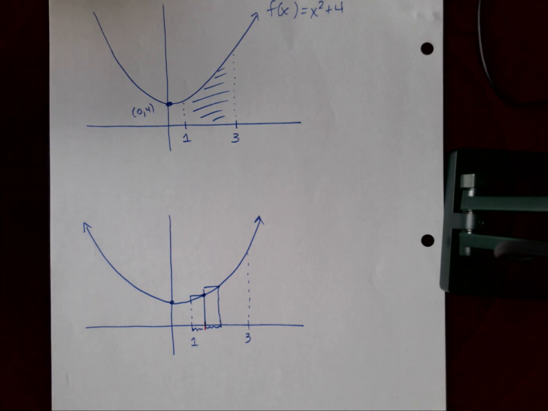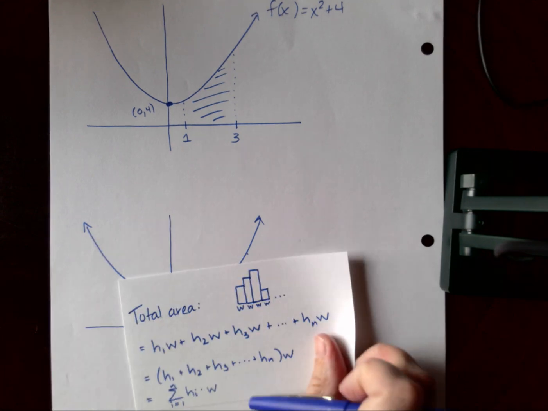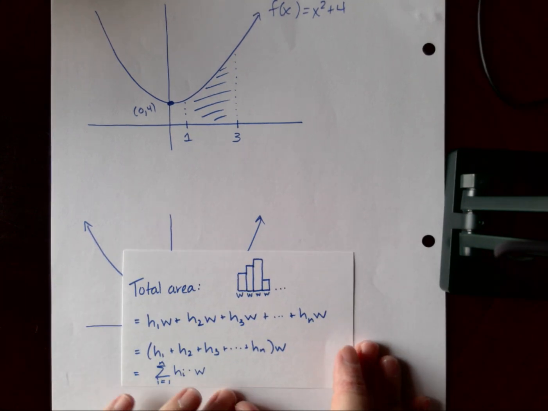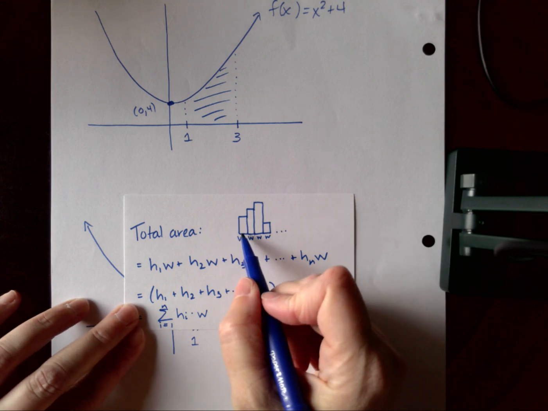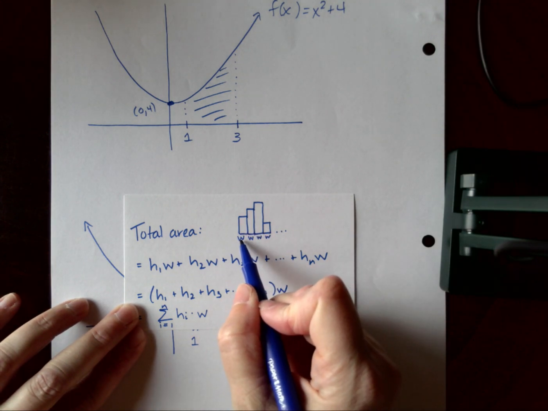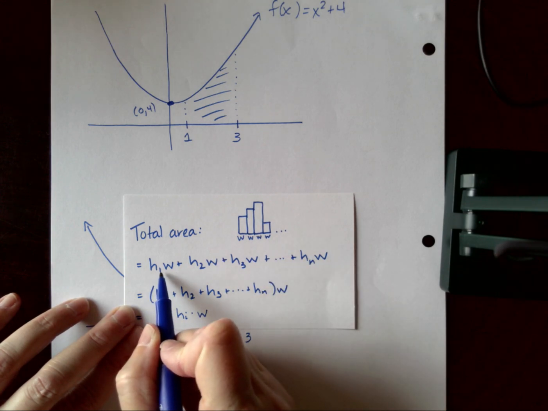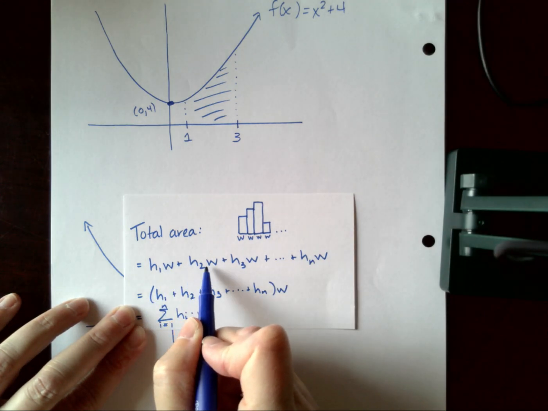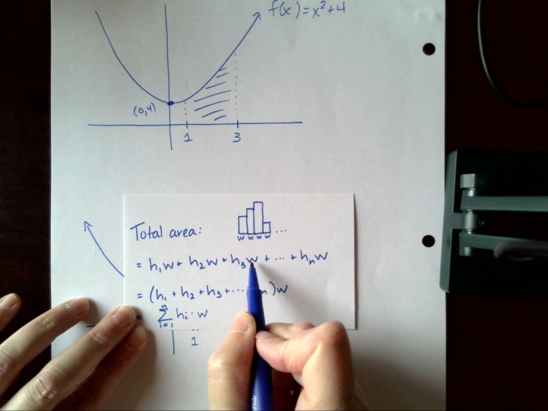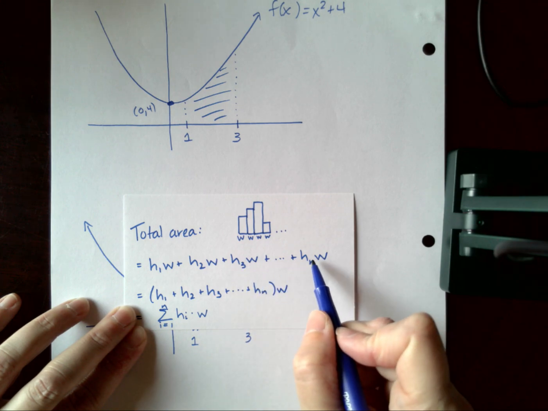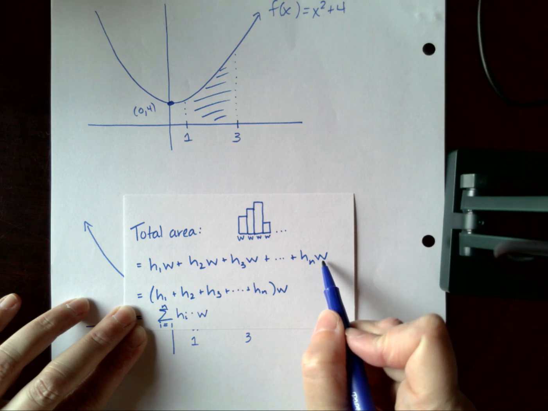One thing to keep in mind, here in my low-tech demonstration, we're going to have some guest appearances by index cards. If I wanted to find a total area of a sequence of rectangles and they all had width w, I could use the height of the first one times its width, plus the height of the second one times its width, plus the height of the third one times its width, all the way till we get to the height of the last one, the nth one, times its width.